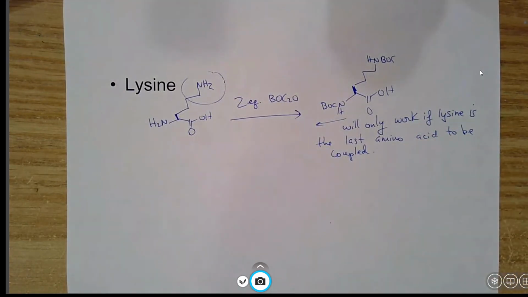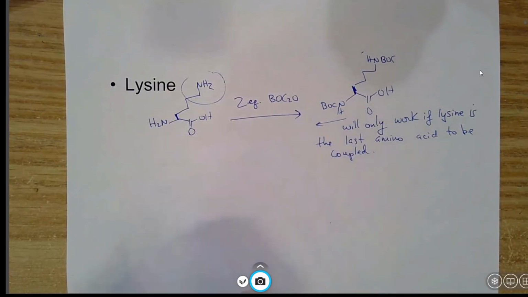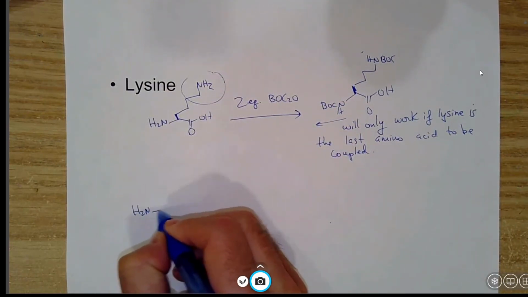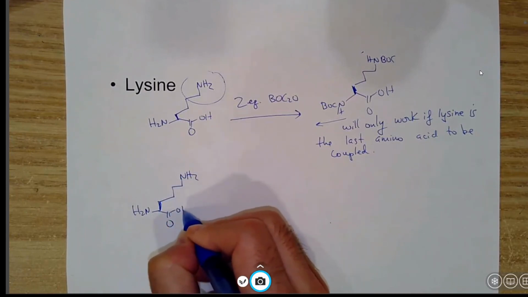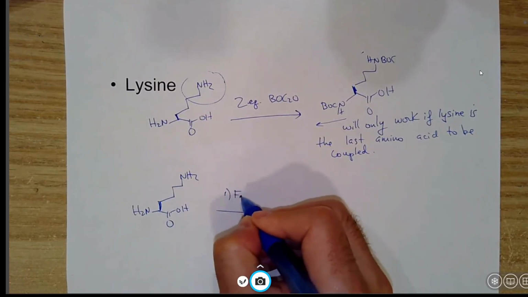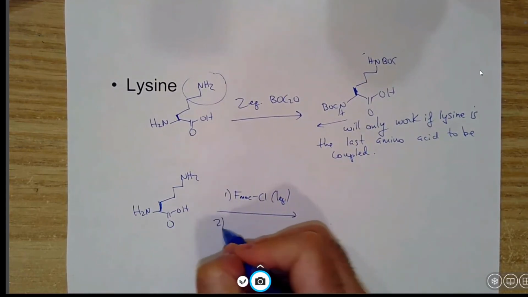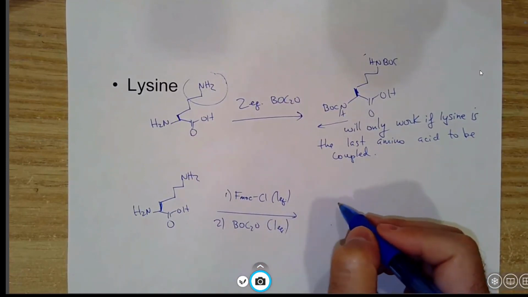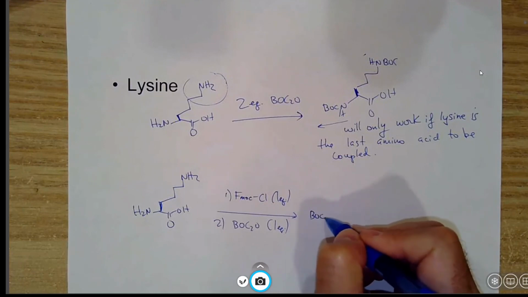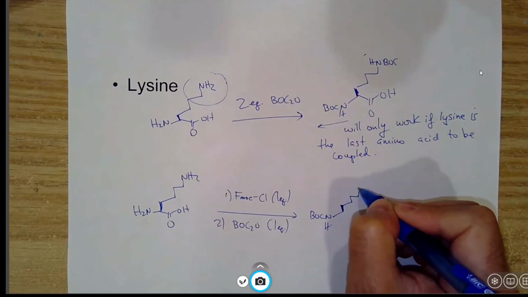Okay, so if we want to protect lysine in a way that allows one nitrogen to remain protected while the other is deprotected, we can use a complementary protecting group. A good one to use in this case might be something like Fmoc. Fmoc is actually quite bulky. You've seen the structure. If you had one equivalent of Fmoc chloride and then one equivalent of Boc anhydride, you'll get the Fmoc going onto that terminal nitrogen off the side chain, and then the Boc going on the other nitrogen.